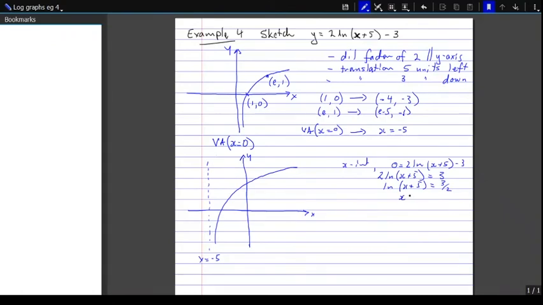Change this to an exponential equation, so x plus 5 equals e to the power of 3 over 2, and then x will equal e to the 3 over 2 minus 5. And we can mark that in on our graph.